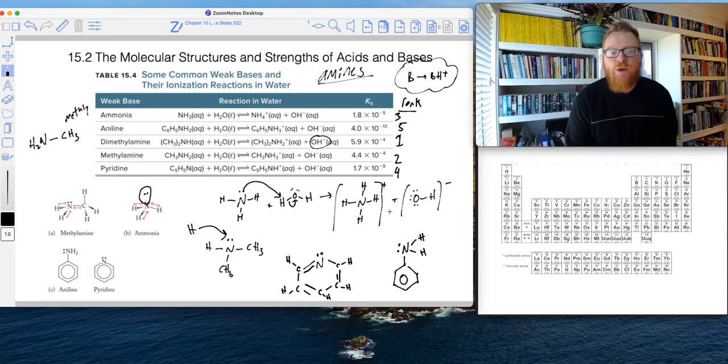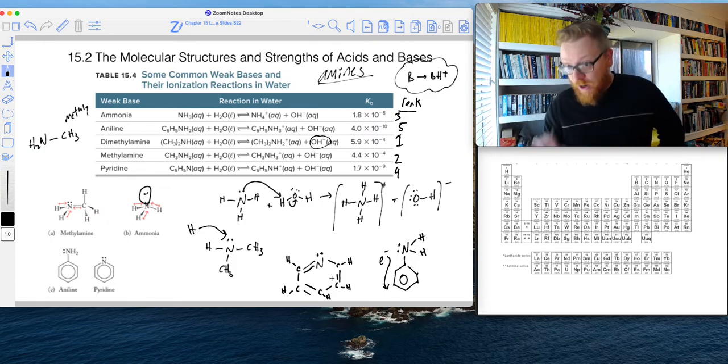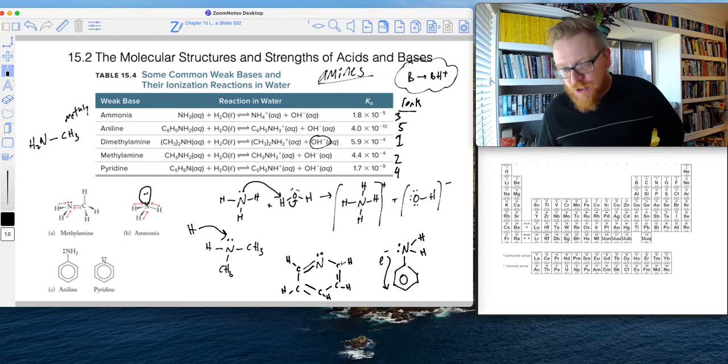But now if we look at, for example, these two ring structures, the aniline and the pyridine, all of the electron density, so we'll say electrons, is getting sucked down into the ring. Because that ring structure has those double bonds, that's where those electrons want to funnel down to create the stabilized resonance structure.